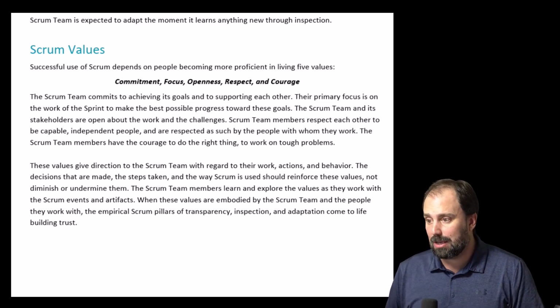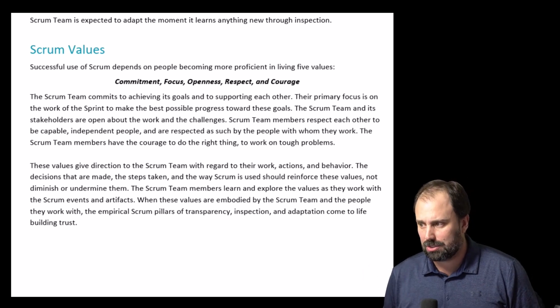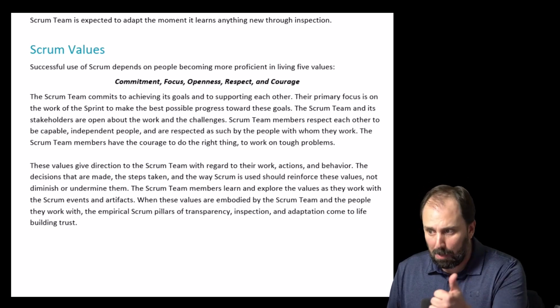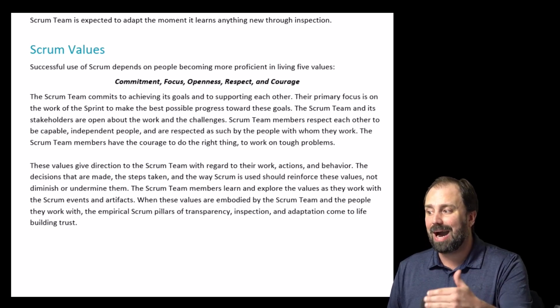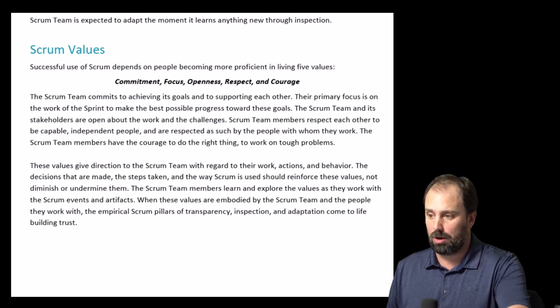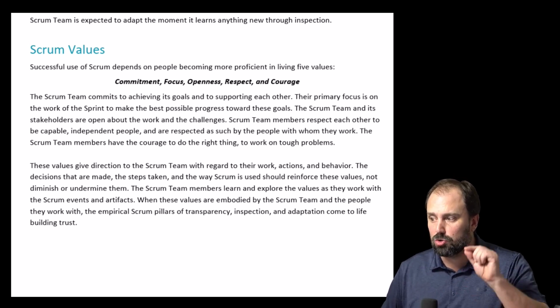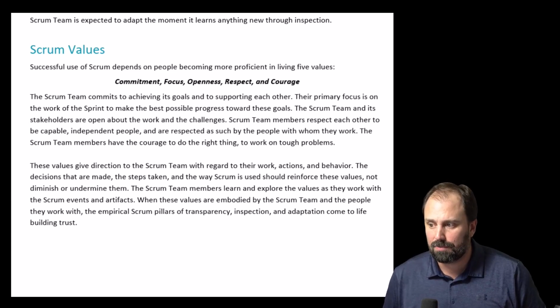The Scrum team and its stakeholders are open about the work and the challenges. Scrum team members respect each other to be capable, independent people, and are respected as such by the people with whom they work. The Scrum team members have the courage to do the right thing, to work on tough problems.